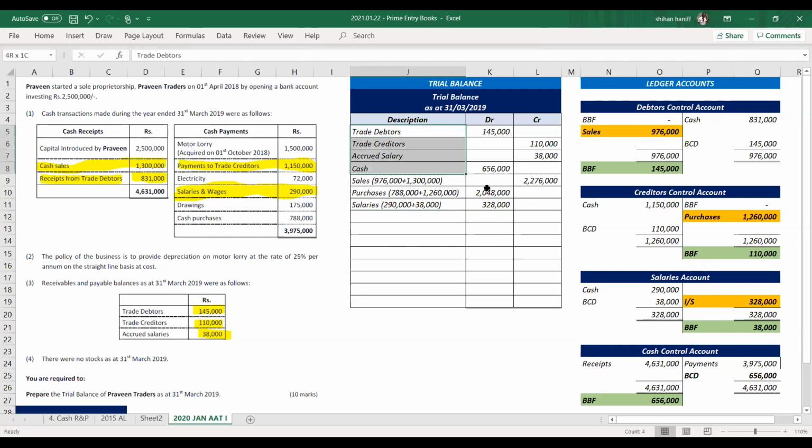Right. So this is the main part. And from the remaining transactions, from the cash receipt and payment, we have to take them to the trial balance. What do we have? We have capital 2.5 million. Motor loan, or we debit to the motor vehicle account, 1.5 million.